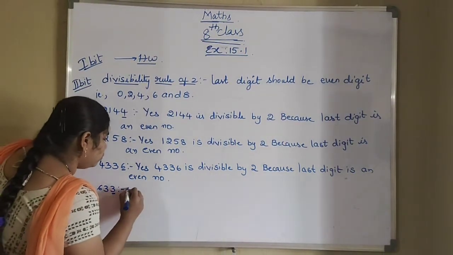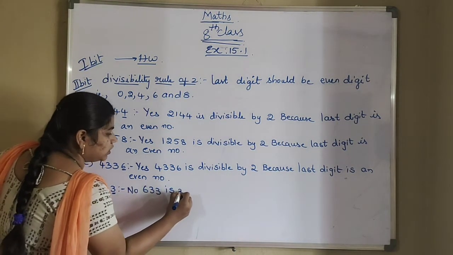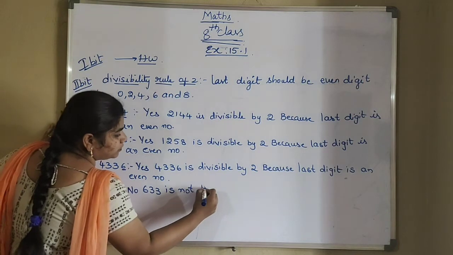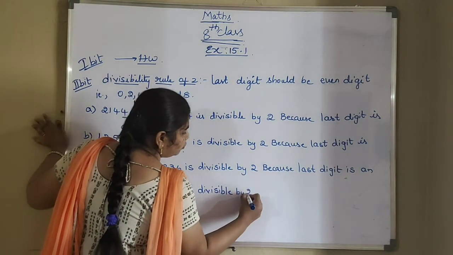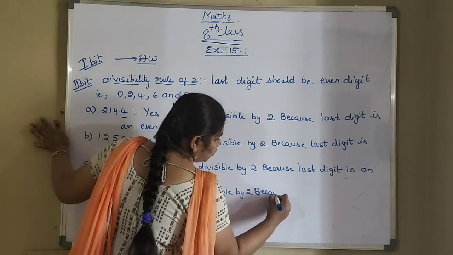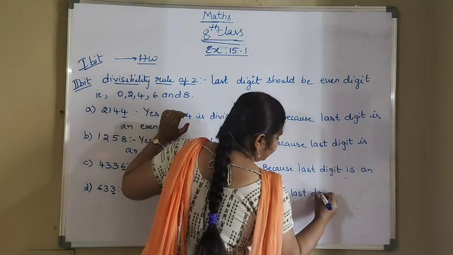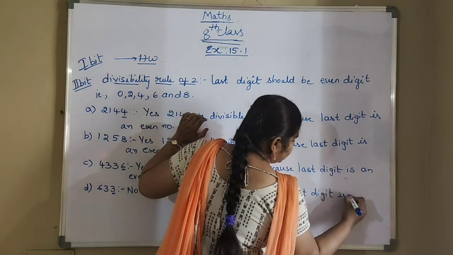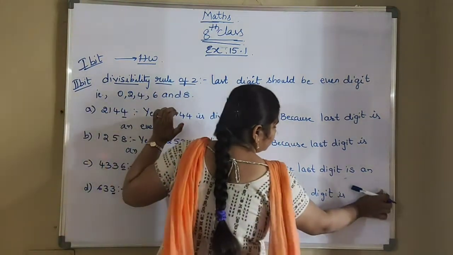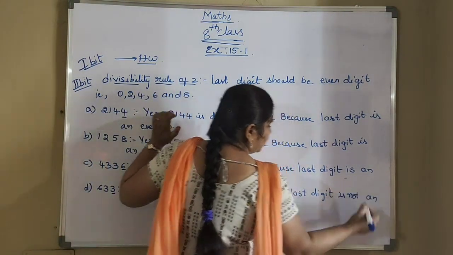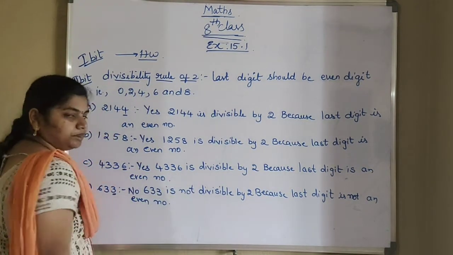So no, 633 is not divisible by 2 because last digit is not an even number.